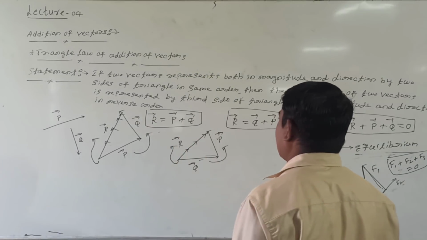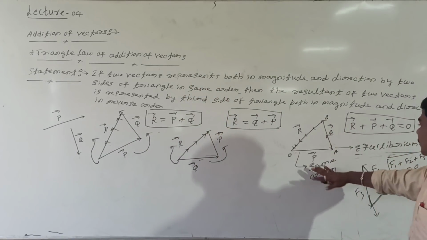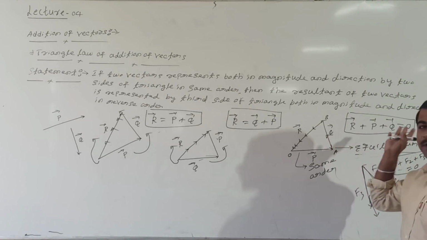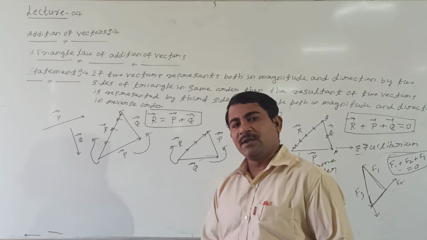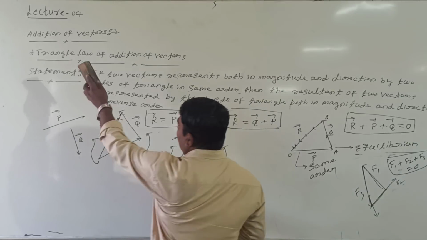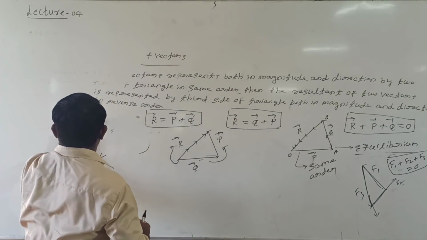What is meant by Lami's theorem? This is concerned with the triangle of addition of vectors, and when three vectors are in the same order, then definitely the sum is 0. Then we call it the equilibrium condition. Now shall I go directly here? After this, Lami's theorem.